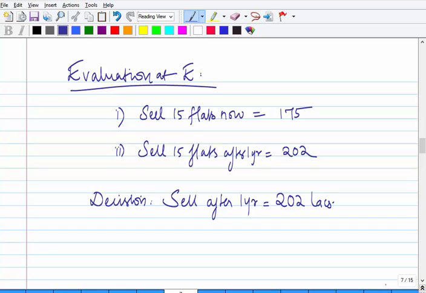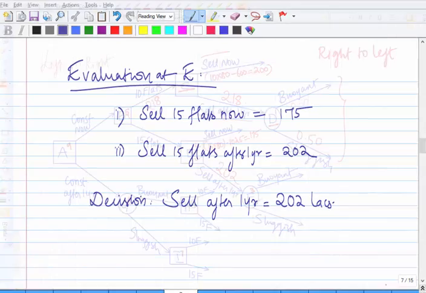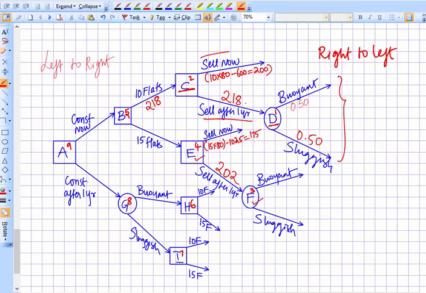So let's go back to the diagram and we'll show what will happen if you're going for 15 flats. If you're going for 15 flats, you will conclude that you will sell after 1 year and you will pocket a net benefit of 202 lakhs. Okay. So evaluation at E is also done.